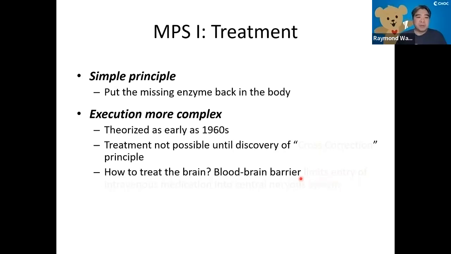The other problem with MPS is the blood-brain barrier. You can have enzyme in the bloodstream, but if it can't get into the brain, then you're not going to be able to treat the central nervous system manifestations of the disease.